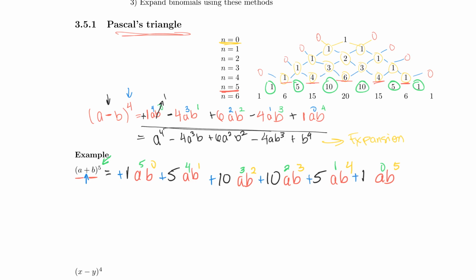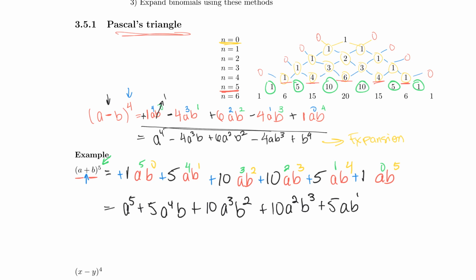Okay, so now let's arrange this expansion a little bit better. We have a to the fifth power plus 5a to the fourth power b plus 10a cubed b squared plus 10a squared b cubed plus 5a b to the fourth power plus b to the fifth power.